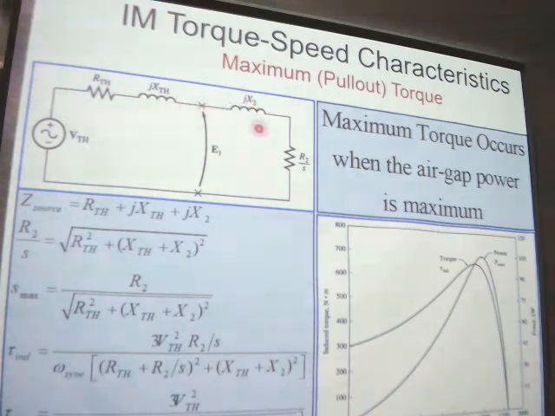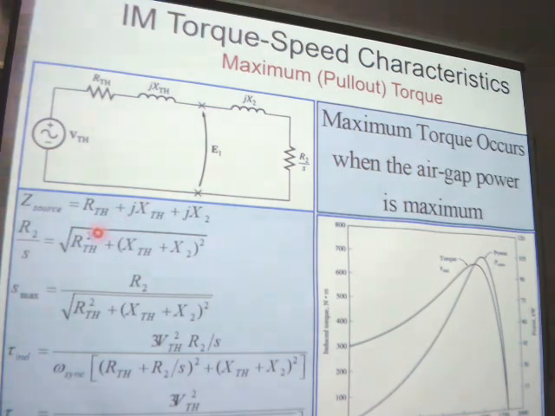If we want the maximum torque, then R2 over S is equal to the magnitude of this impedance.